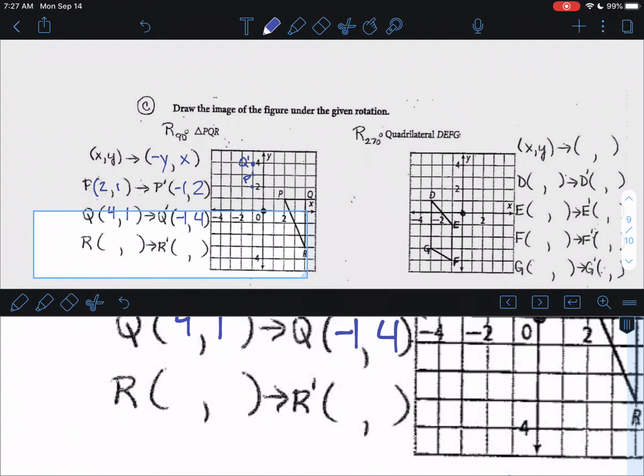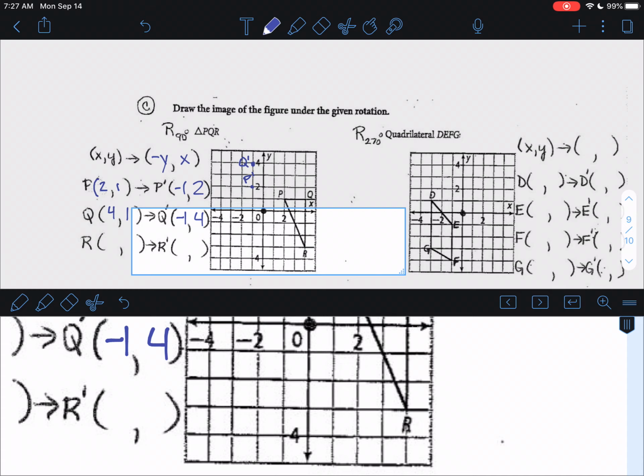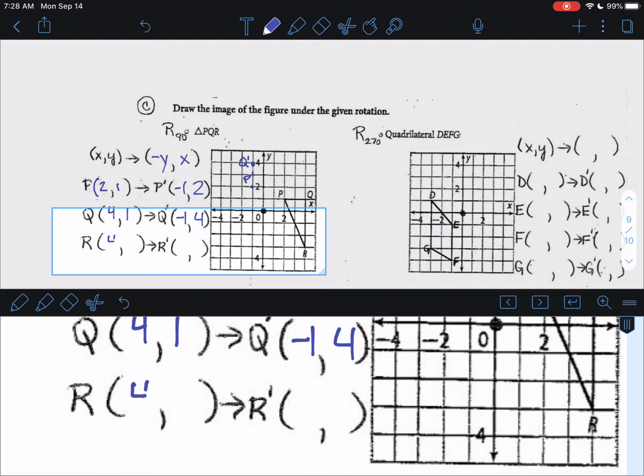And finally, we have R, so R prime. R is at (4, negative 3). So we flip the coordinates and then make the y value negative. The y value here is negative 3. When I change the sign on that, it is going to be positive 3 for my new x value. And then my new y value is going to be 4 because that one stays positive.